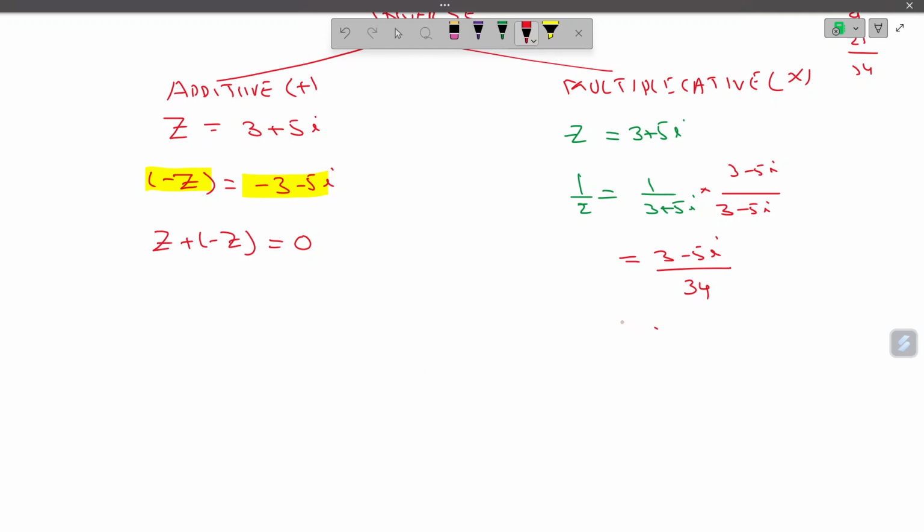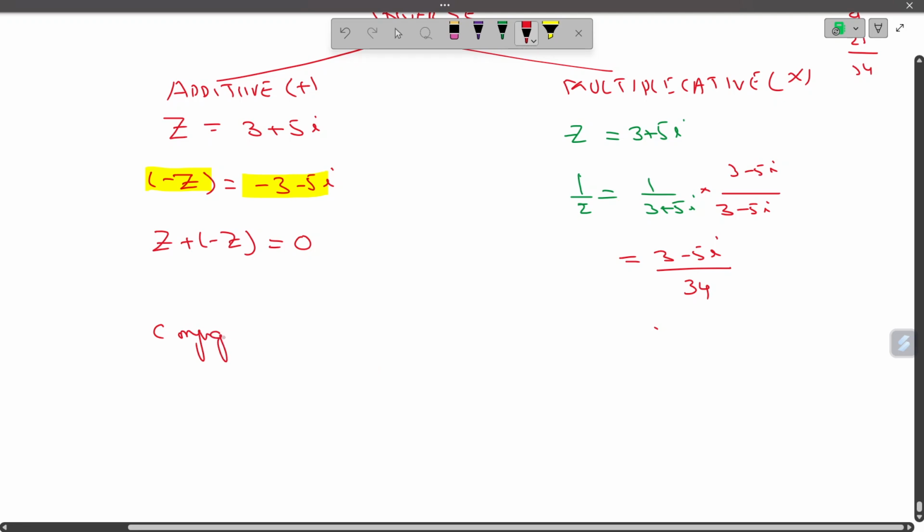Conjugate we have done. Let me discuss conjugate of z. Suppose z equal to 3 plus 4i. Conjugate is 3 minus 4i. Suppose z2 equal to minus 3 plus 5i.